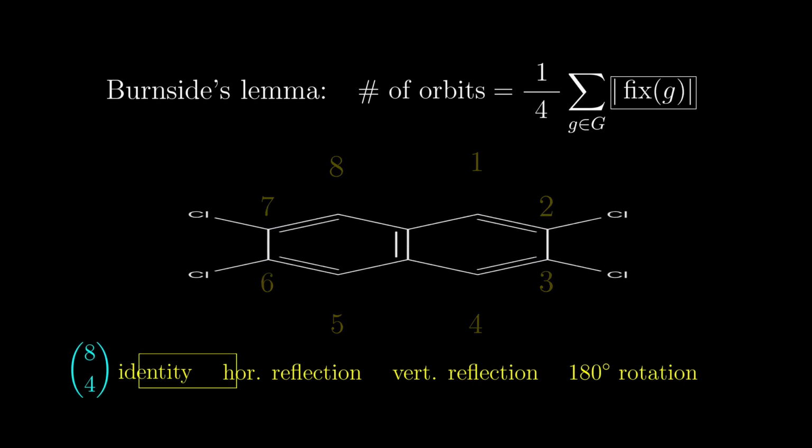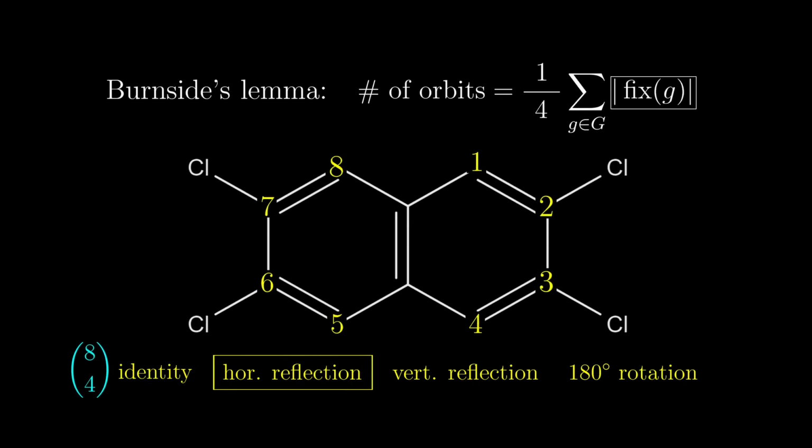The next symmetry is the horizontal reflection. In this symmetry, 1 is swapped with 4, so in order for a molecule to be fixed by the reflection, both 1 and 4 need to attach to the same thing, i.e. both must have the chlorine, or both not having the chlorine and default to hydrogen.